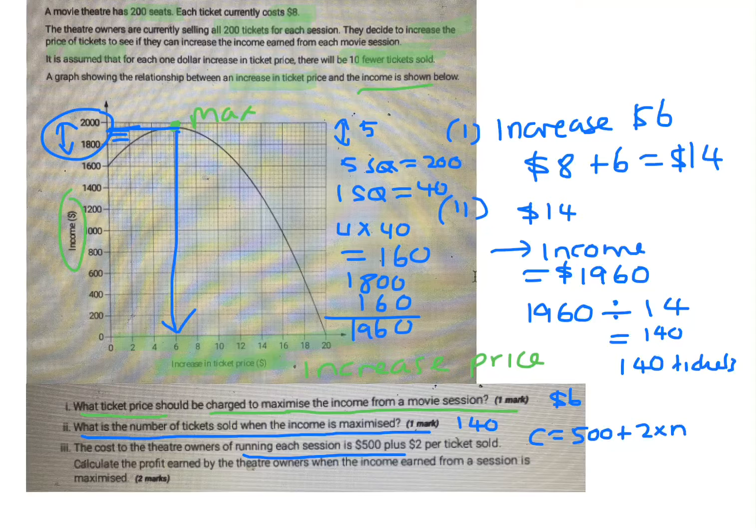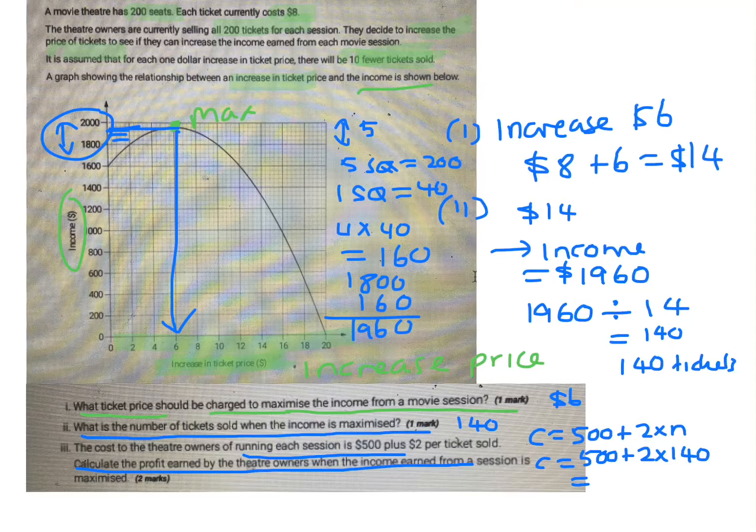The cost to the theatre owners of running each session is $500 plus $2 per ticket sold. Calculate the profit earned by the theatre owners when the income earned from a session is maximised. If you sold 140 tickets, that would be 500, and then 2 times 140, because that's how many tickets you sold for the maximum one.